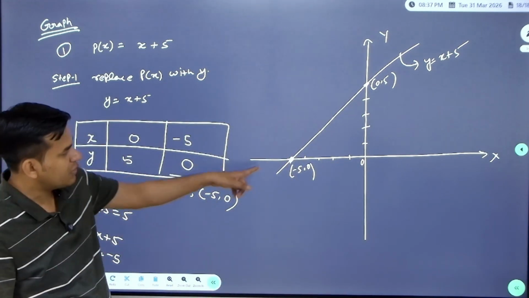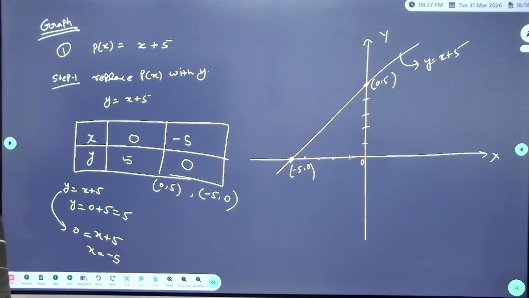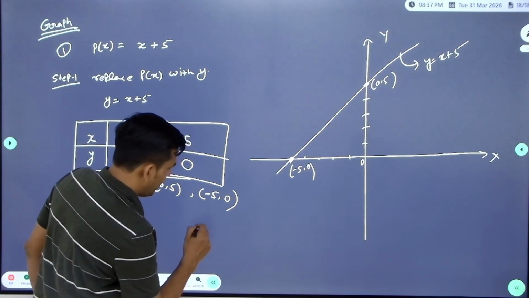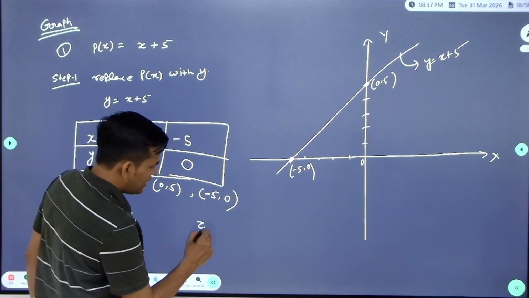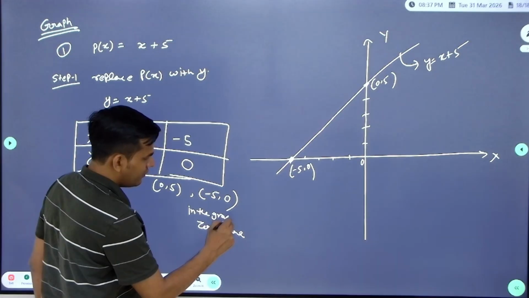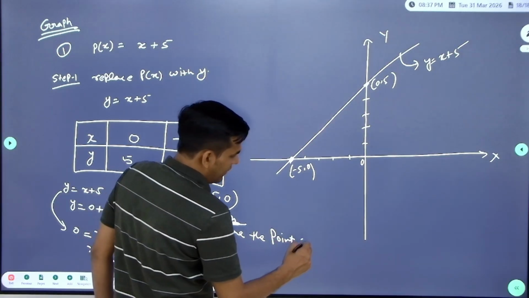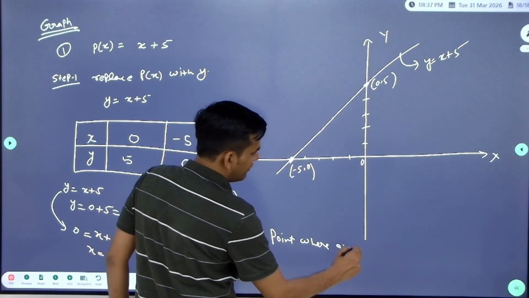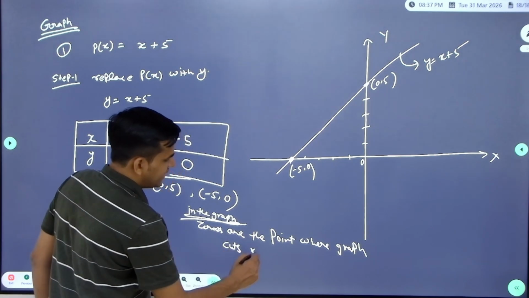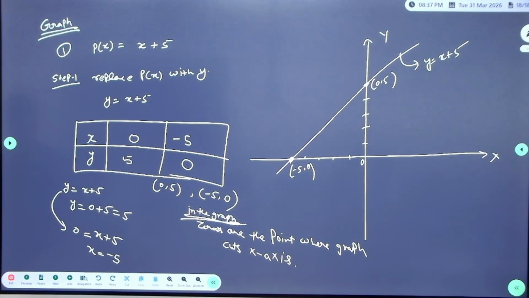And from the graph also you can see there is only one zero. That is minus 5. So graphical definition ये भी याद रखना है. From the graph you can see the zeros. Remember this one. In the graph, zeros are the points where graph cuts x-axis. If the graph is cutting x-axis one time, that means the curve has only one zero. If it is cutting two times, that is two zeros.